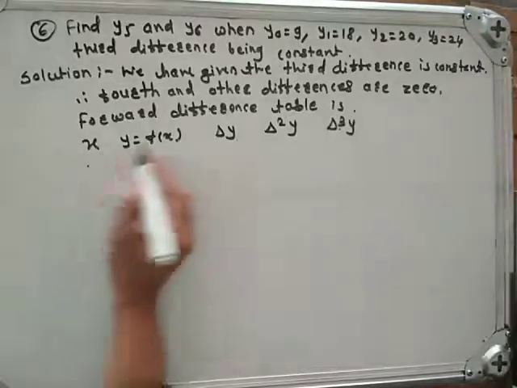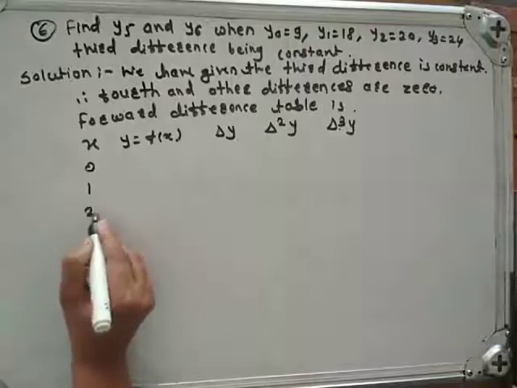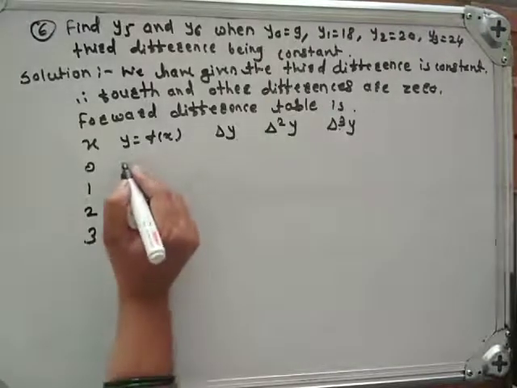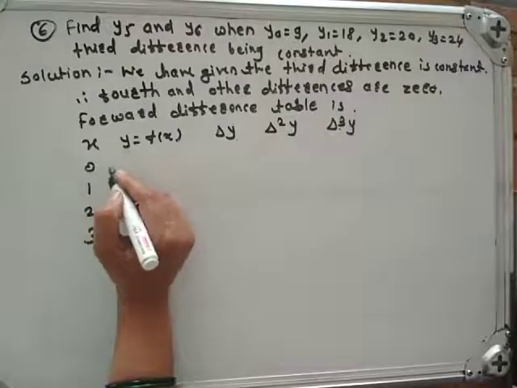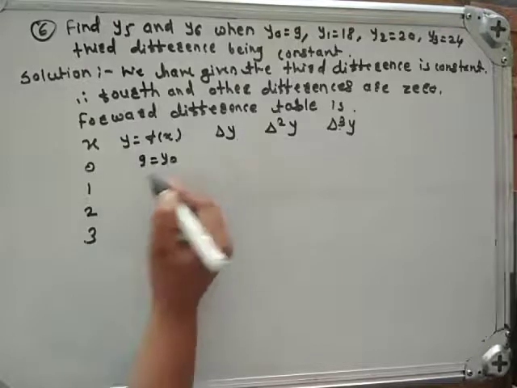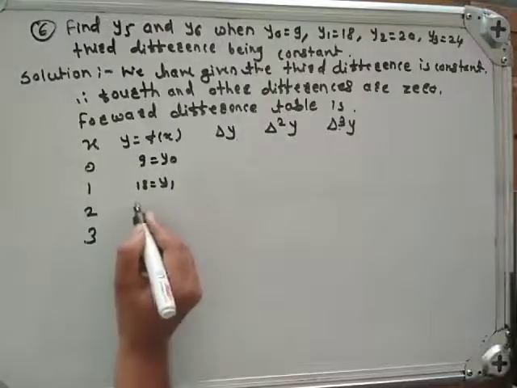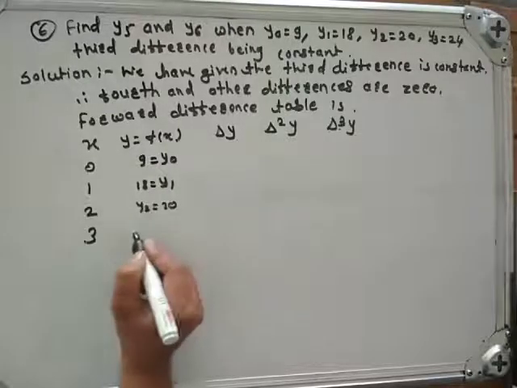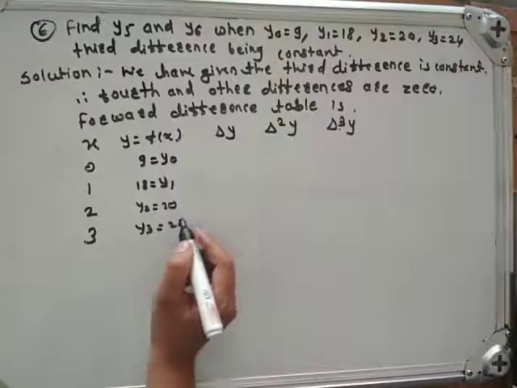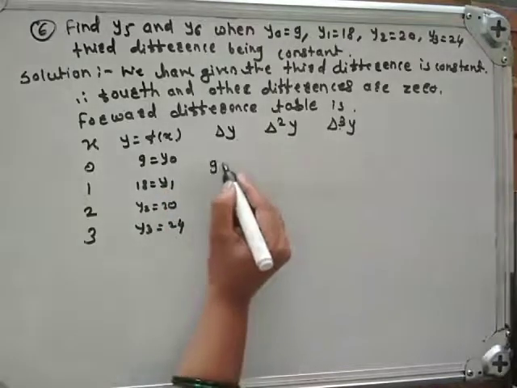Here we have x is 0, 1, 2, 3. Okay. When x is equal to 0, y0 is 9. This is y0. y1 is 18. y2 is 20 and y3 is equal to 24. 18 minus 9 is 9.